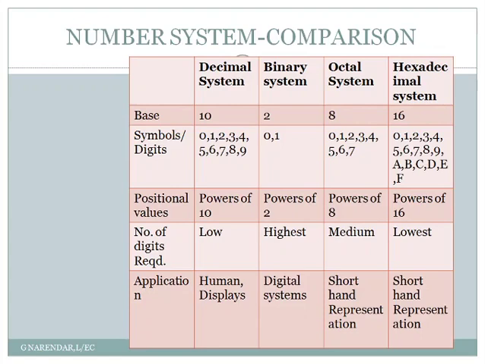So overall, we should be familiar with all these four systems, because humans will be designing the digital circuits. Though the digital circuit works with binary, it should be represented, interpreted and understood by humans.